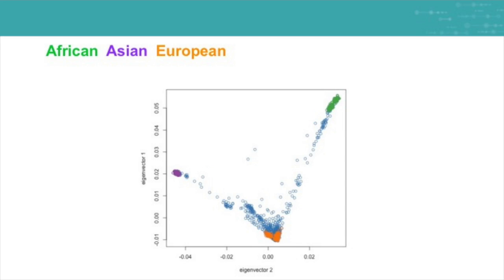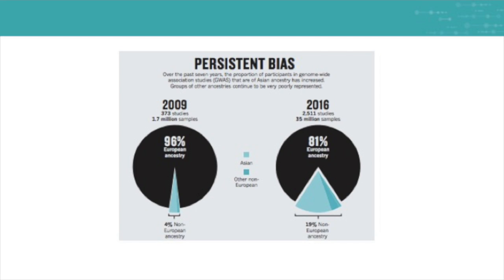But something that was interesting: in 2016, I think it was November, there was an article in Nature that mentions the persistent bias in terms of the ancestry of the GWAS datasets published to date.